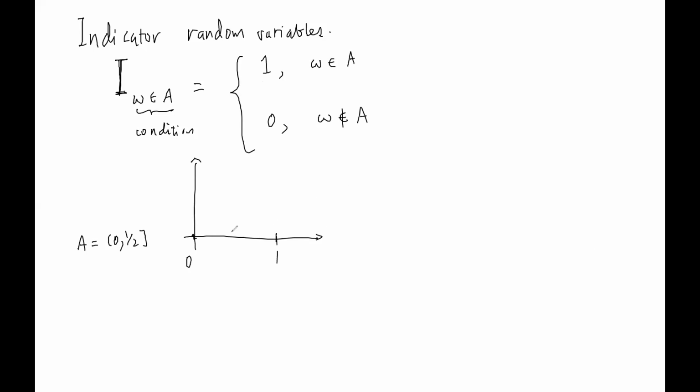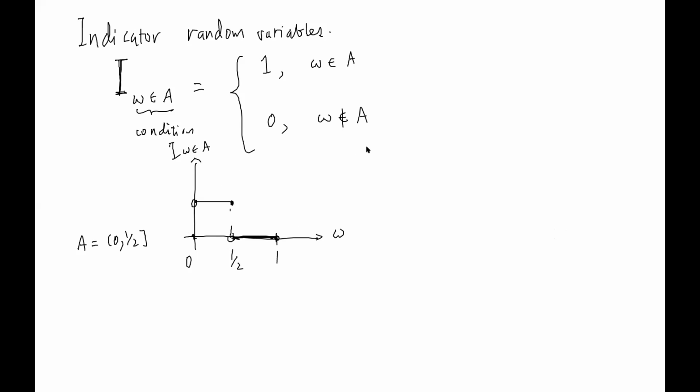Between 0 and 1 over 2, it will be 1, and outside of that, it will be 0, right? It's just an indicator function. So the function is just like this, right? This is your I_A, this is your omega. All right, so this is one way to think about it.